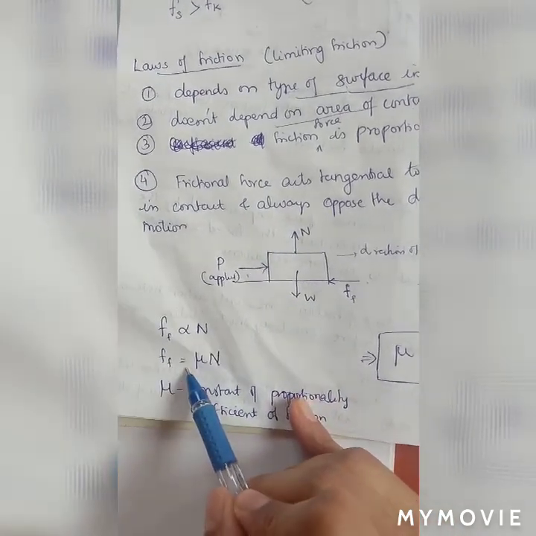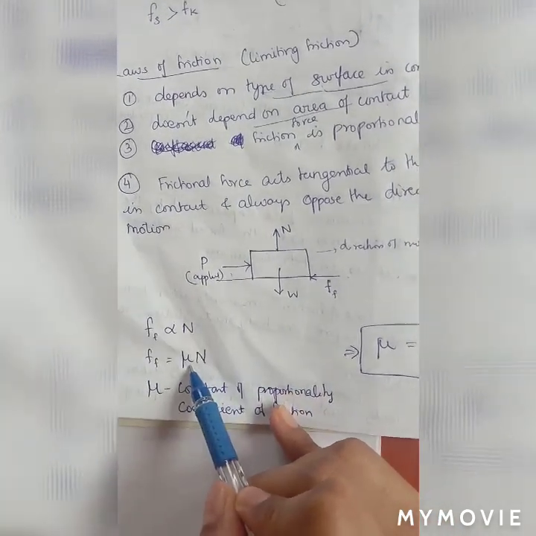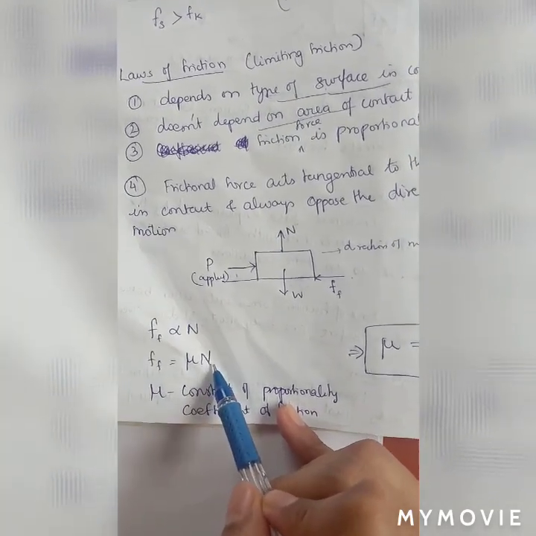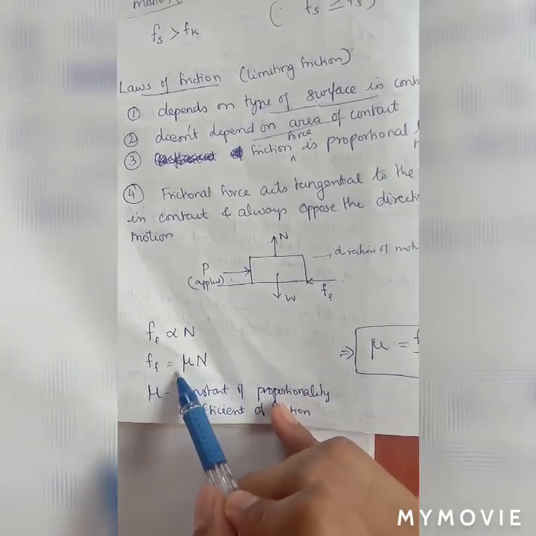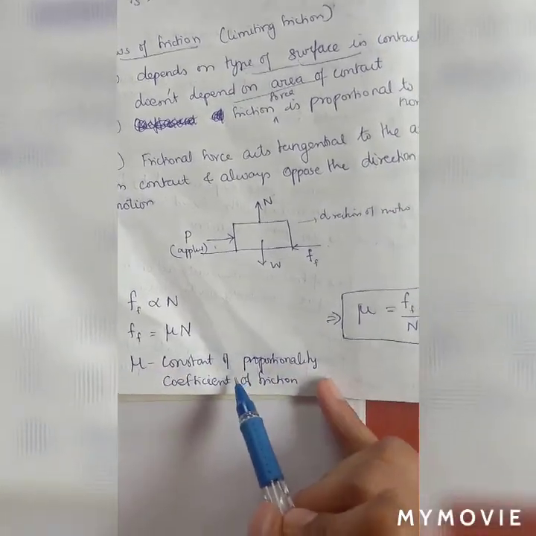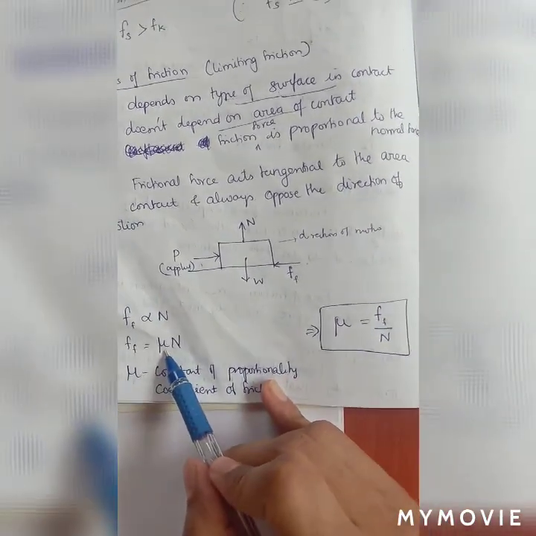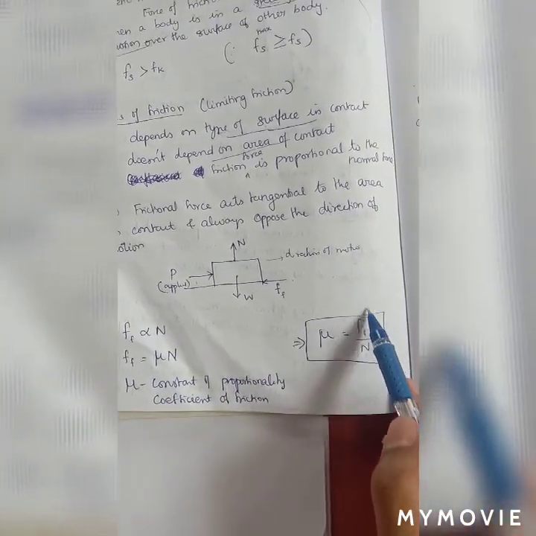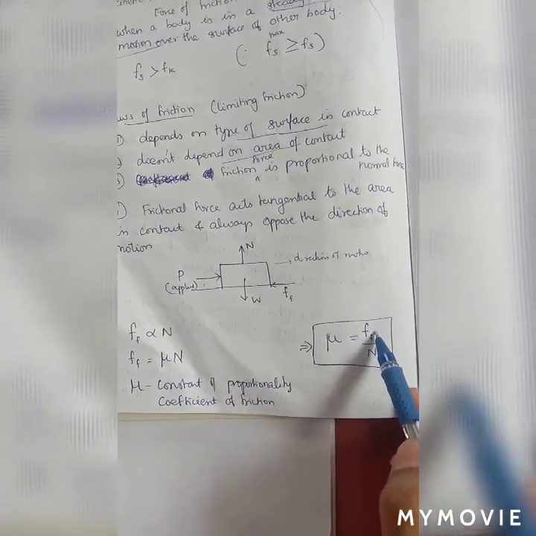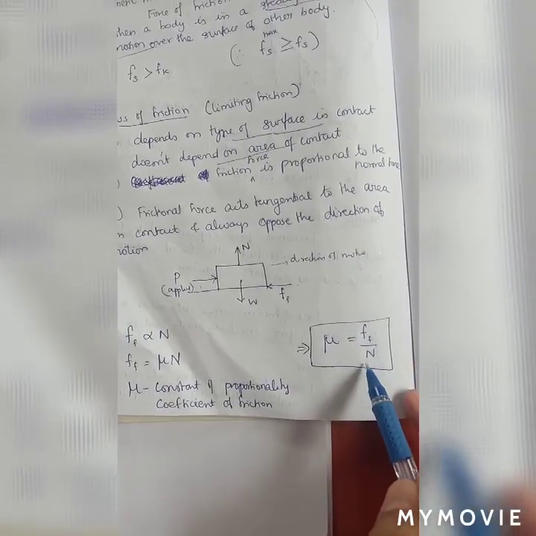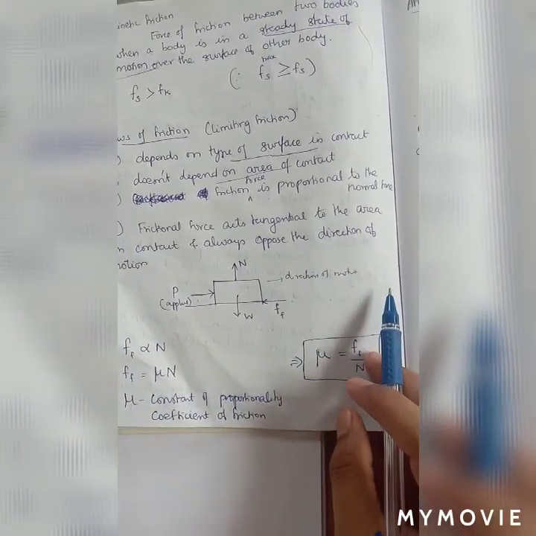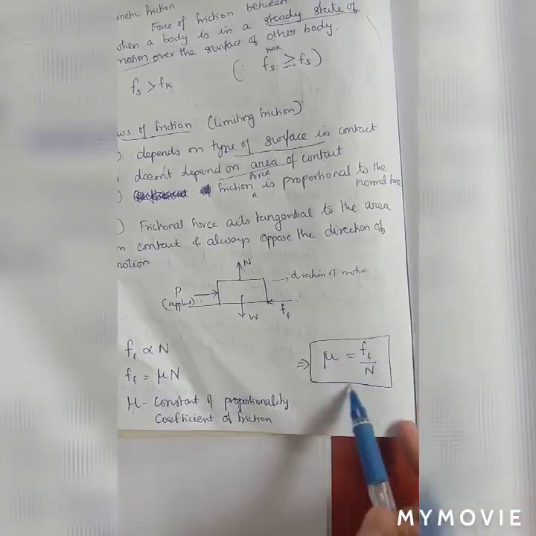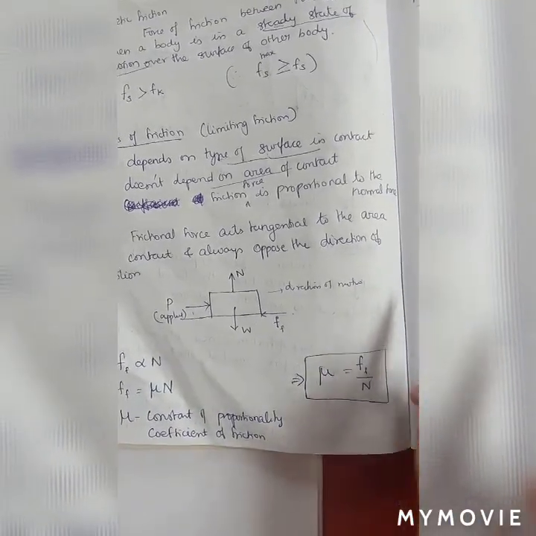So the frictional force will be equal to this constant of proportionality, named mu, into N, where N is your normal force. This mu is called the coefficient of friction. So what does the coefficient of friction mean? It is the ratio of the frictional force developed between two bodies to the normal force developed by the body. So this mu is called your coefficient of friction, right?